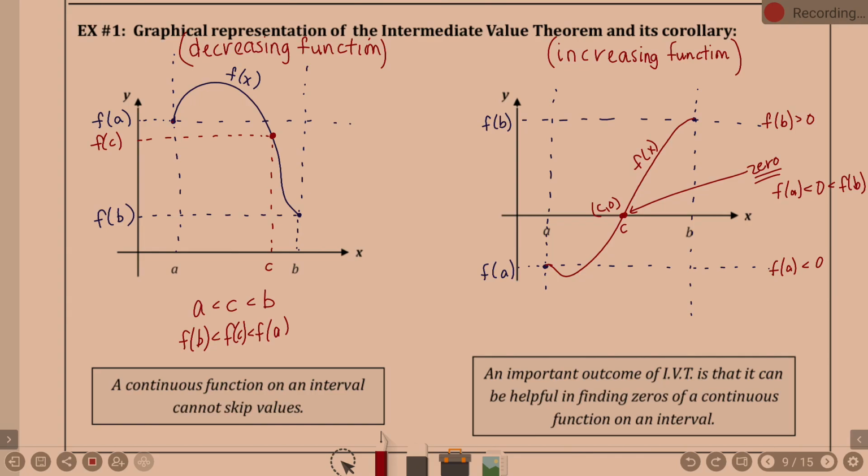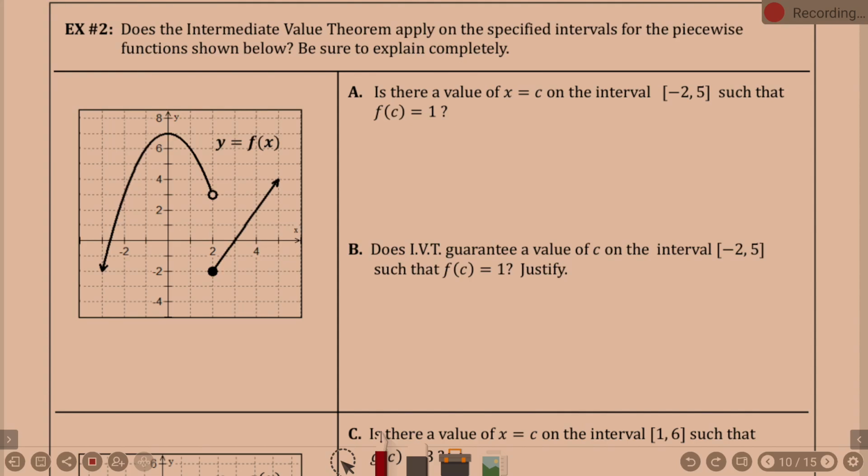Okay, example 2. Ask us, does the intermediate value theorem apply on the specified intervals for the piecewise functions shown below? Be sure to explain completely. So, is there a value of x equals c on the interval -2 to 5 such that f of c equals 1?